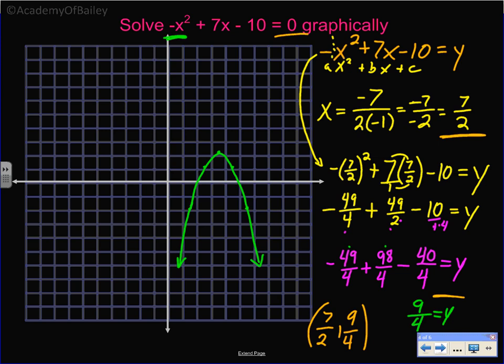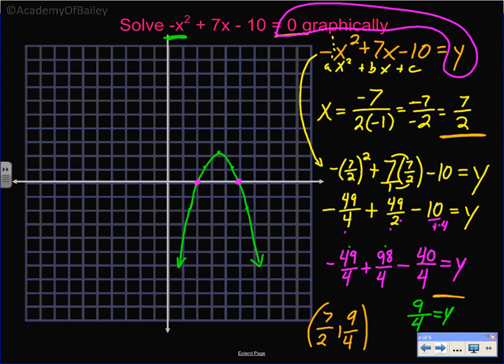And so now that you have it graphed, you look up here, where is y equal to 0? y is equal to 0 here, and y is equal to 0 there.